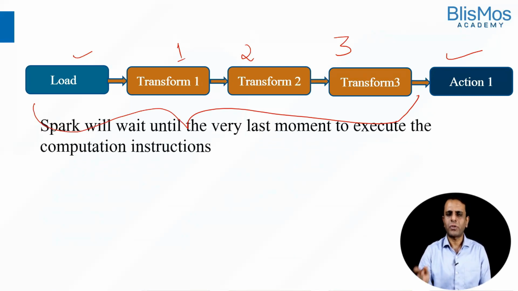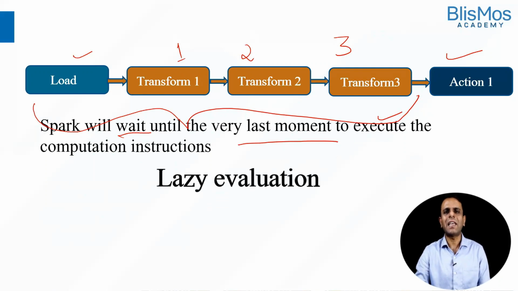This whole process where Spark will wait until the very last moment to execute the computation instructions is called lazy evaluation. Lazy evaluation is nothing but Spark will wait until the last moment to go ahead and do the computation.